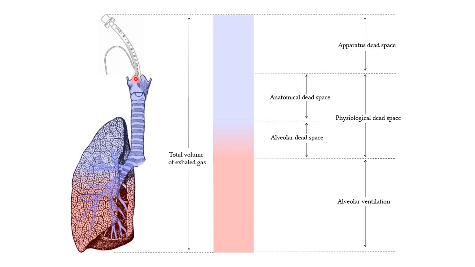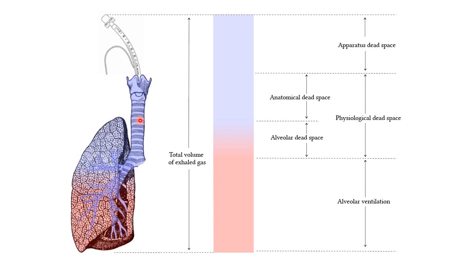Okay, so first, this is the apparatus dead space where gas is found inside the endotracheal tube. And then you have here the anatomical dead space that is contributed by the pharynx, the larynx, and even the tertiary bronchus before you encounter the alveolus.